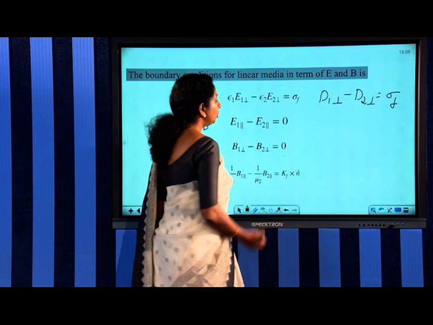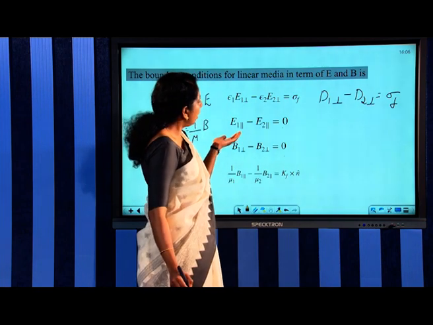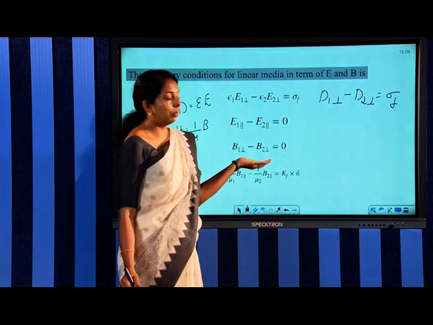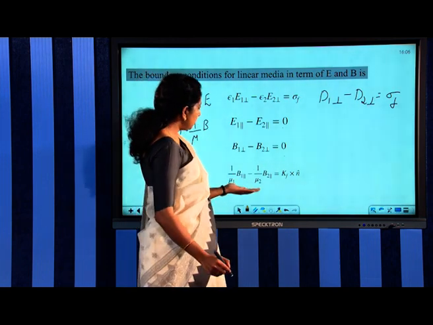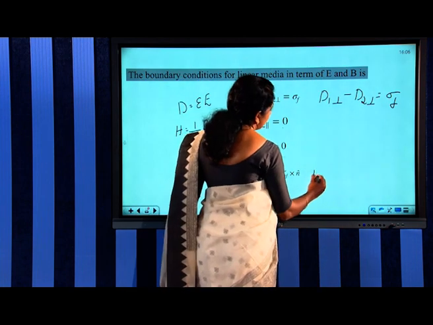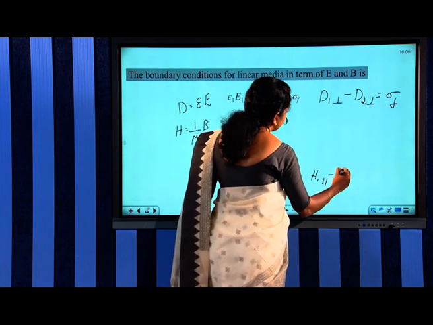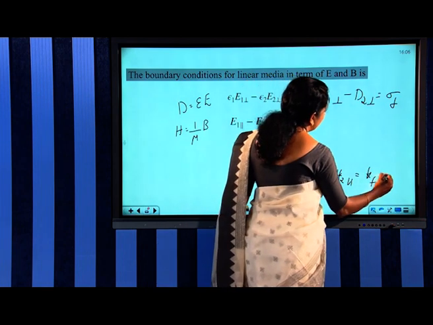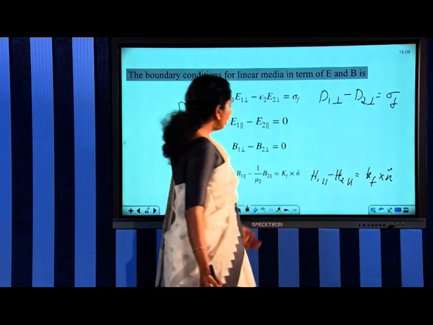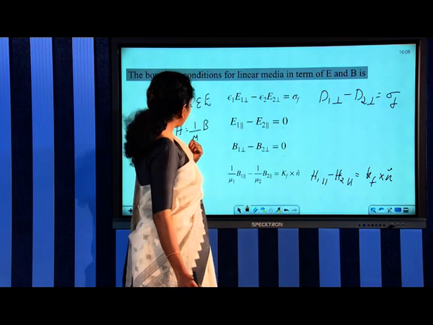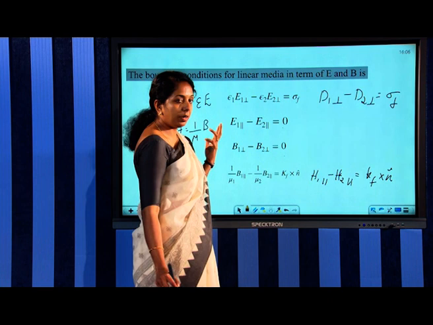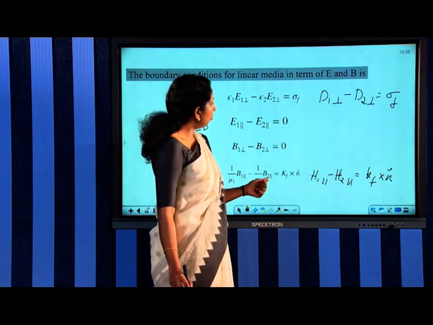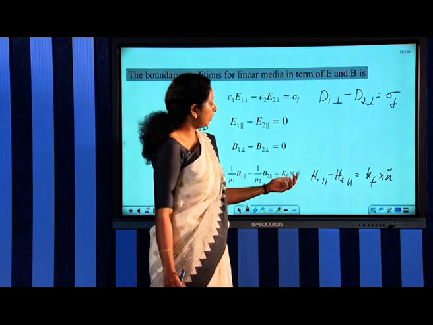In this equation there is no change: E1 parallel minus E2 parallel is equal to 0, and B1 perpendicular minus B2 perpendicular equal to 0. The initial equation was H1 parallel minus H2 parallel is equal to Kf cross n, but H is equal to 1 by mu times B. So, 1 by mu 1 B1 parallel minus 1 by mu 2 B2 parallel is equal to Kf cross n.